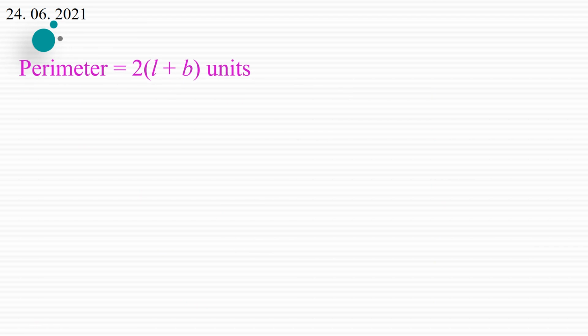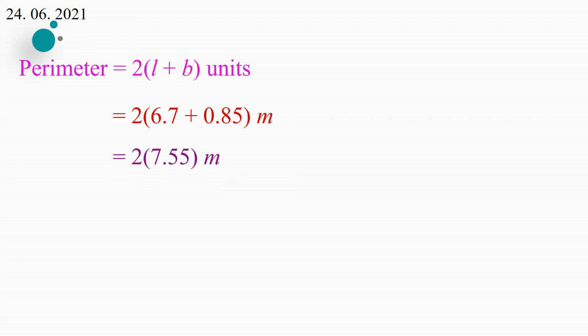We have to find perimeter of the block. Perimeter equal to 2 into (L plus B) units. Now we have to substitute L and B. L equal to 6.7 meter, B equal to 0.85 meter. We get the expression is 2 into (6.7 plus 0.85) meter. First add the numbers inside the bracket.